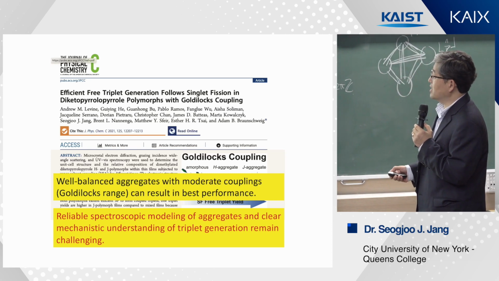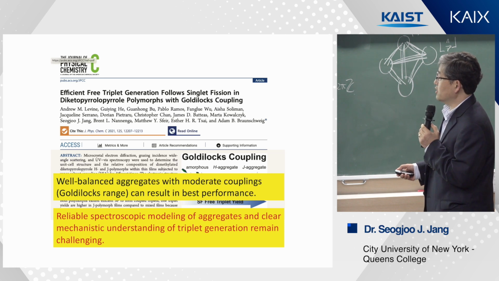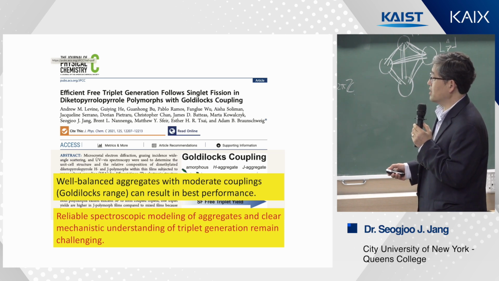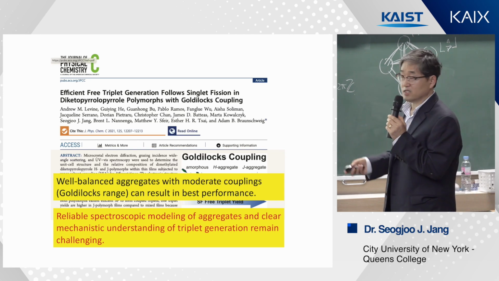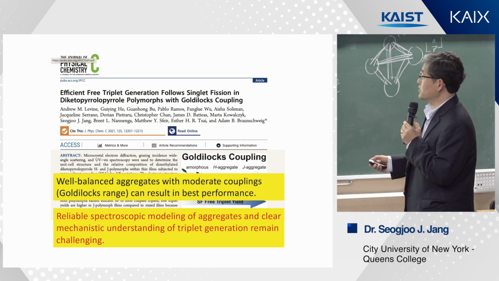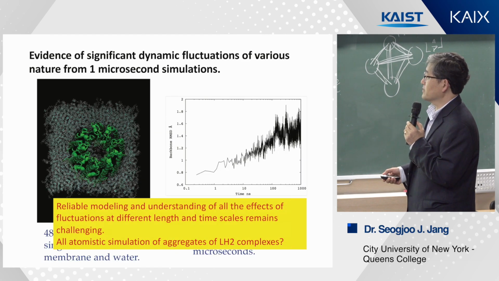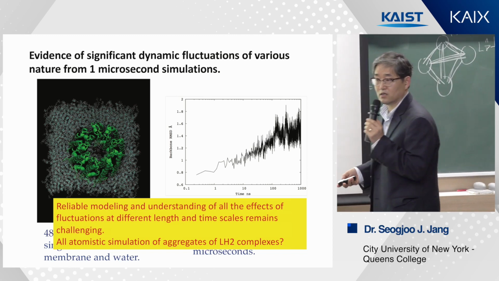This particular example seems to be promising because it shows that, because of the delicate balance of moderate couplings, there is great enhancement in triplet generation. But even for these synthetic systems, we find that reliable spectroscopic modeling of aggregates and clear mechanistic understanding of triplet generation remain very difficult.